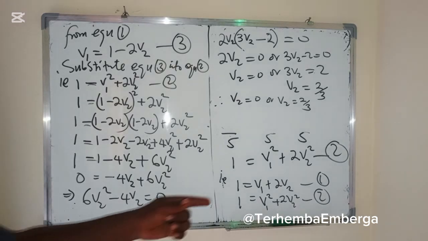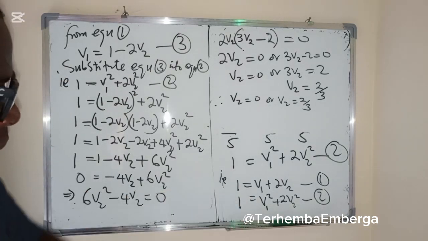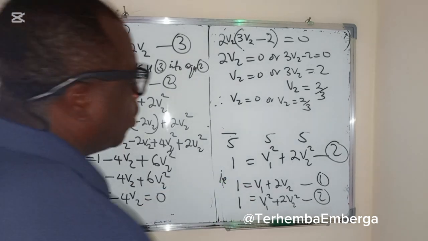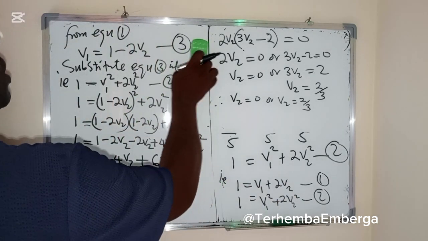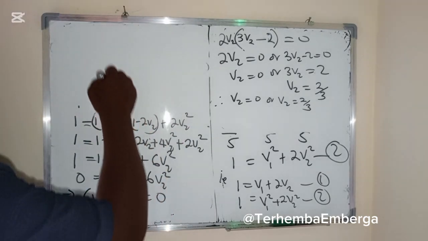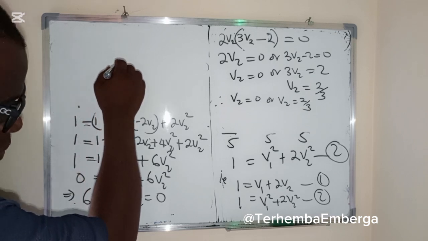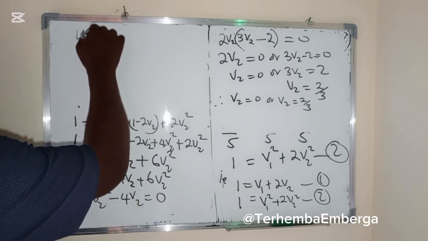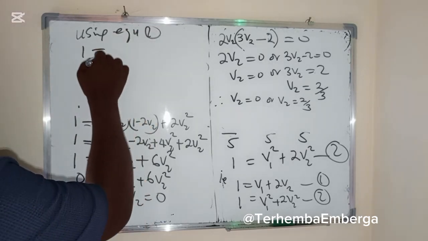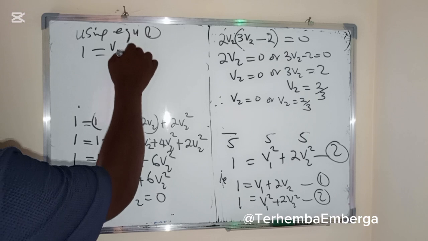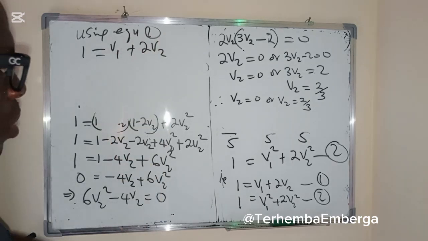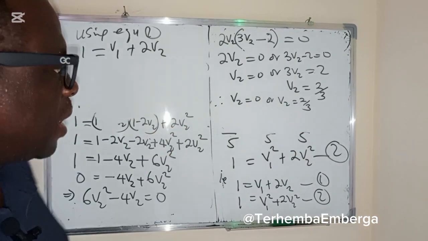So how do we get our v1? If you substitute this value of v2 in any of the equations, for example using equation 1, we have 1 equal to v1 plus 2v2. Is that right? Our v2 here is 2 over 3.